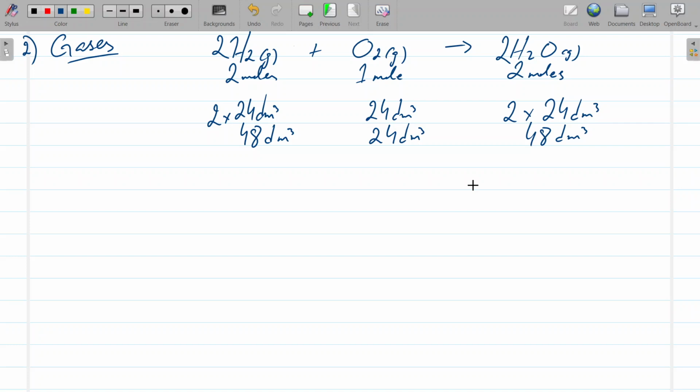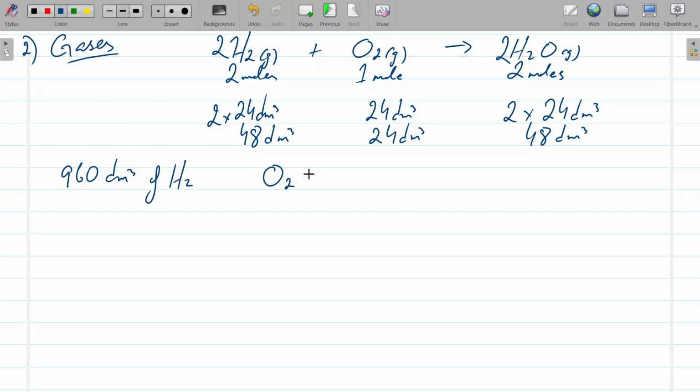Now the question is, calculate the volume of oxygen used and water vapor produced if 960 decimeter cube of hydrogen gas is burned in oxygen, right? So 960 decimeter cube of hydrogen is burnt.